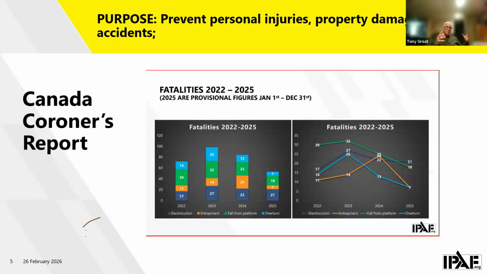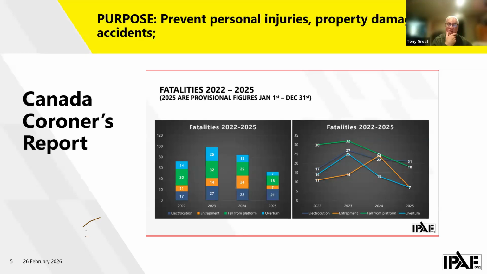One of the other elements that is pulled in is the purpose of our standards. One of the simplistic goals is to prevent personal injuries, property damage, and accidents. So we look at information in the marketplace to identify what the hazards associated with the equipment are. In Canada, as an example, we get coroner's reports.